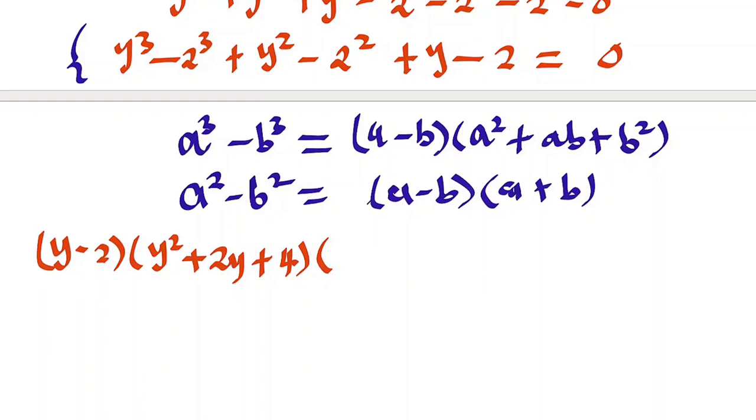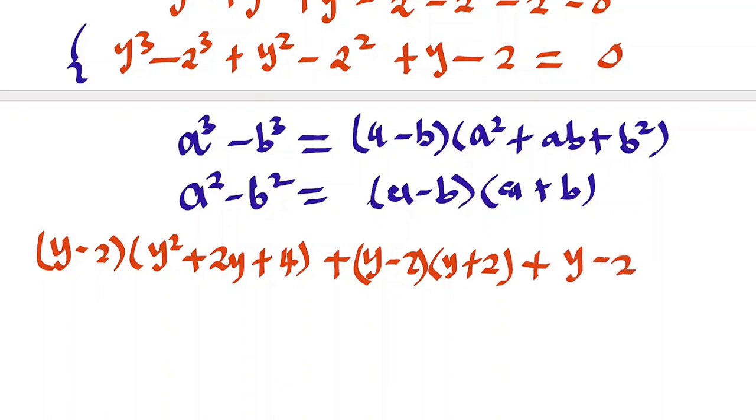Then we have y squared minus 2 squared, which is y minus 2, then y plus 2, sorry, we have the plus here. So after this we have addition, so y minus 2, then y plus 2, plus y minus 2 equals 0.